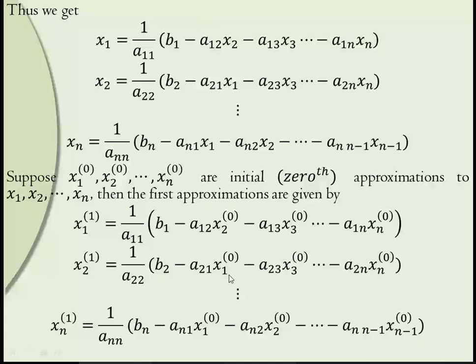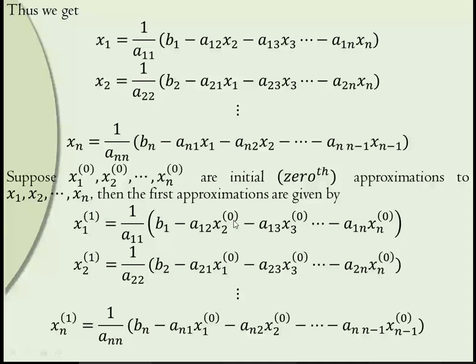Constant terms, just keep them as they are, and for variables, give them the suffix 0, and whichever terms are on the left hand side, give them the suffix 1.